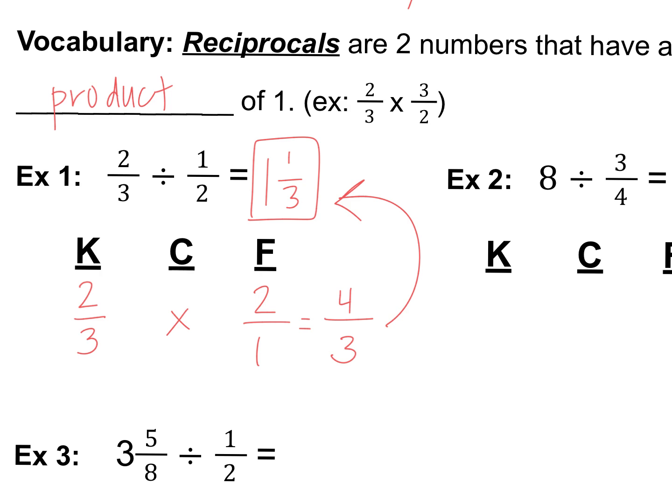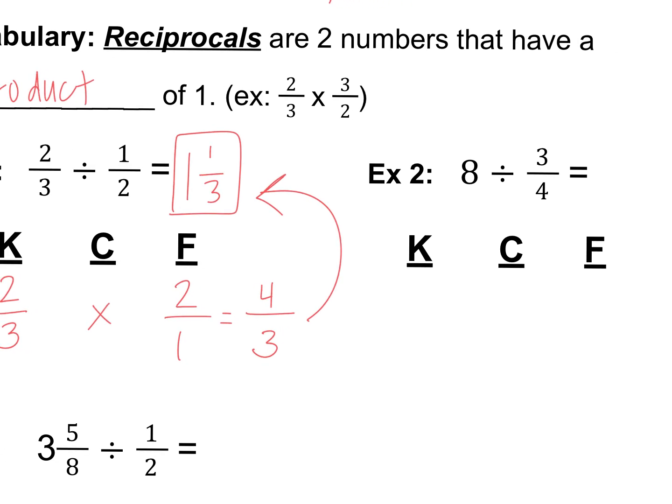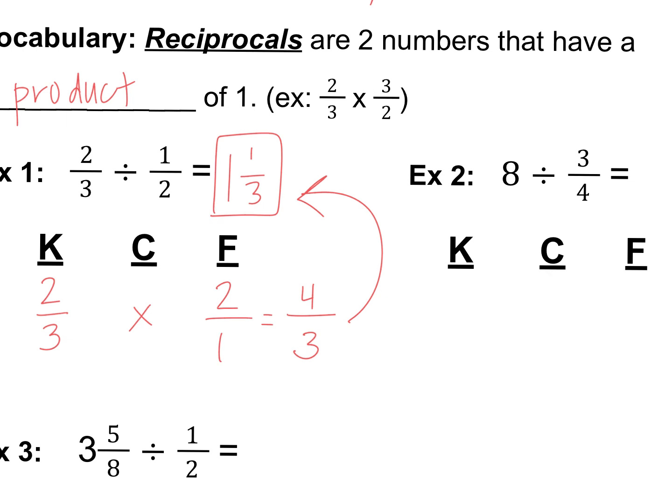I have a whole number this time. I've got a whole number, so I'm going to add 1 underneath the 8. I have to put it into a fraction form that can be multiplied. Then I'm going to change divide to multiply. And then I'm going to flip the fraction 3 over 4 so that it is 4 over 3. Again, it's more than 1. 4/3 is improper.